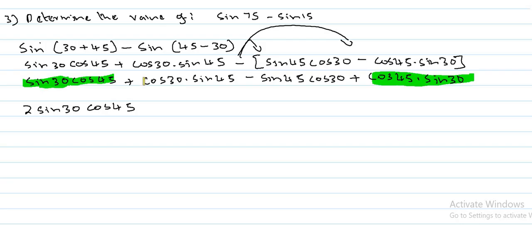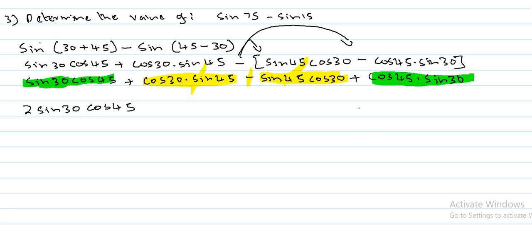The other part, cos 30 sine 45, but the middle term is minus. And then the 2 will cancel out. Then we are left with 2 sine 30 cos 45.